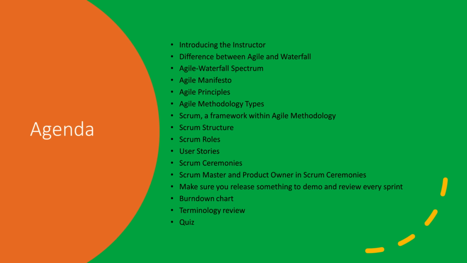The topics we will cover in this video include introducing the instructor, difference between Agile and Waterfall, Agile Waterfall Spectrum, Agile Manifesto, Agile Principles, Agile Methodology Types, Scrum, a framework within Agile methodology, Scrum structure, Scrum roles, user stories, Scrum ceremonies, Scrum Master and Product Owner in Scrum ceremonies.